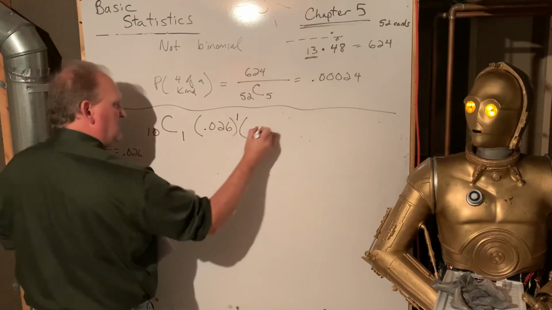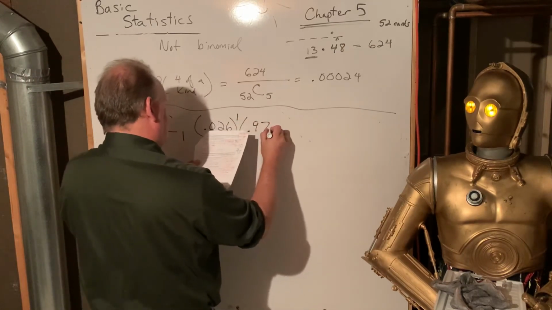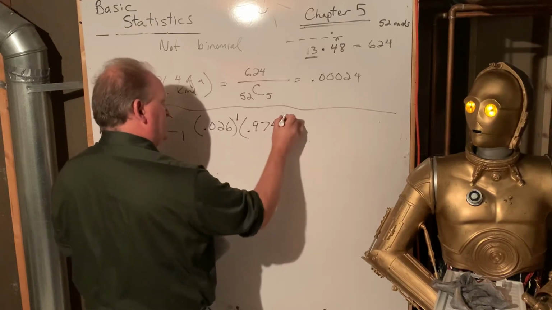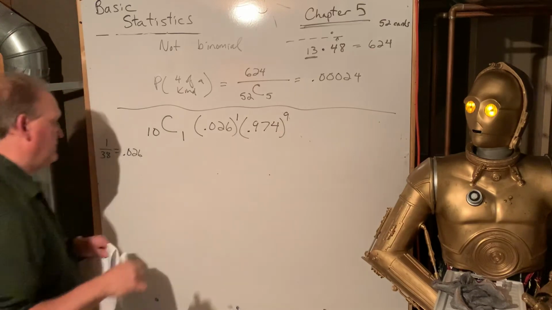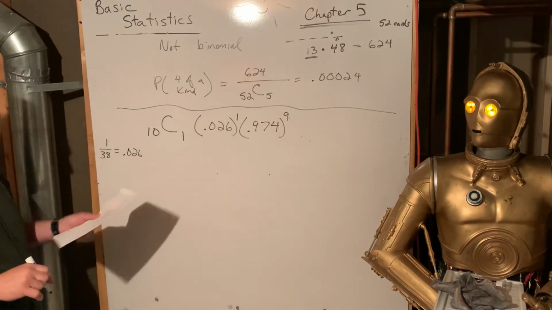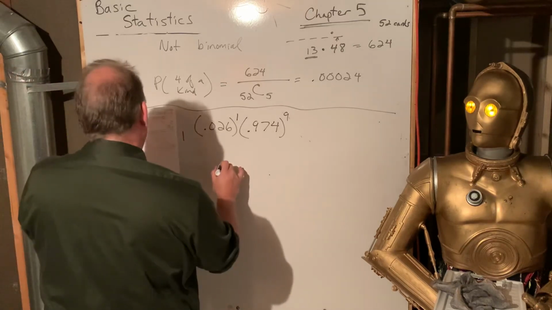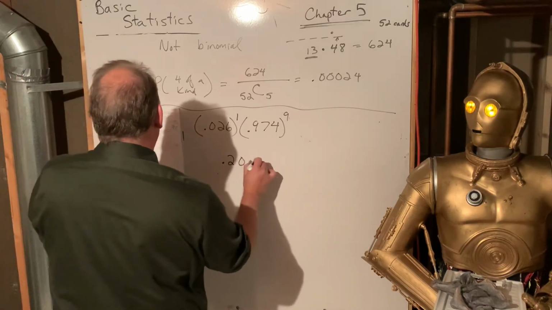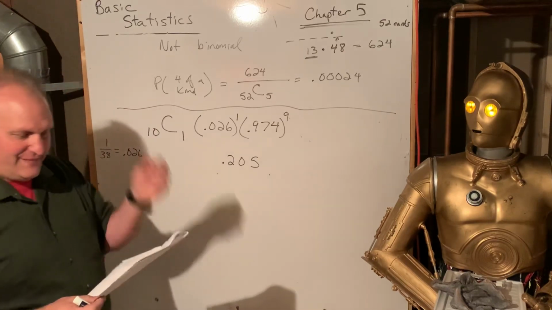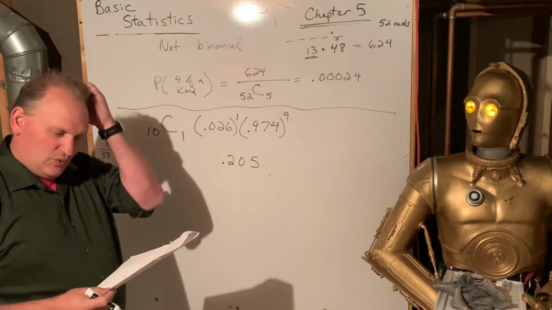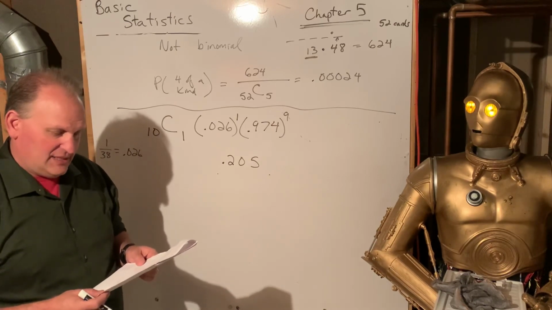And then there's a 97.4% chance you're going to lose. It's much more likely to lose than win, with 1 out of 38 as your chance. All right? And so we figure that out, and we get 0.205. So that's about a 21% chance.